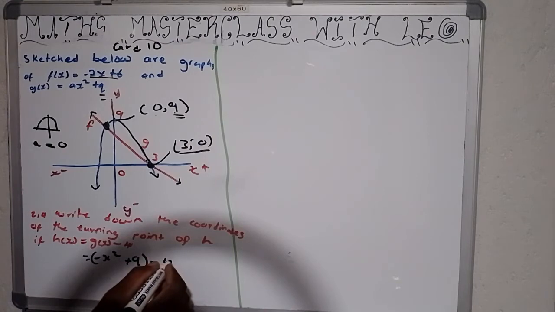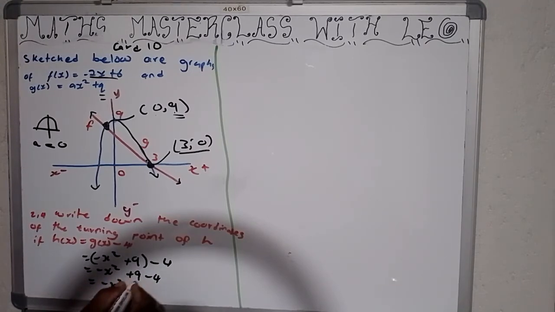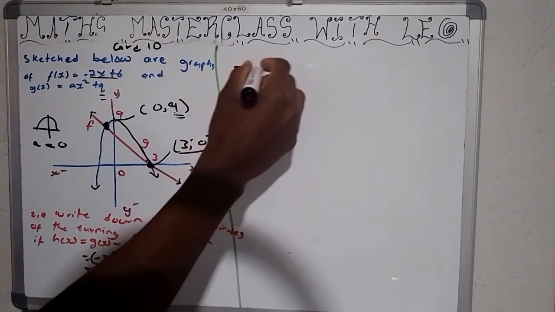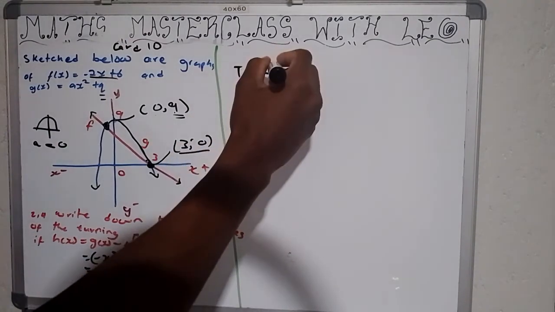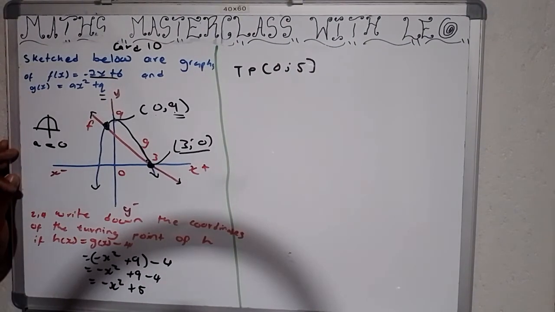Subtract 4, so I'm going to have minus x squared plus 9 minus 4. This will give me minus x squared plus 5. So my turning point, TP, will be (0, 5).